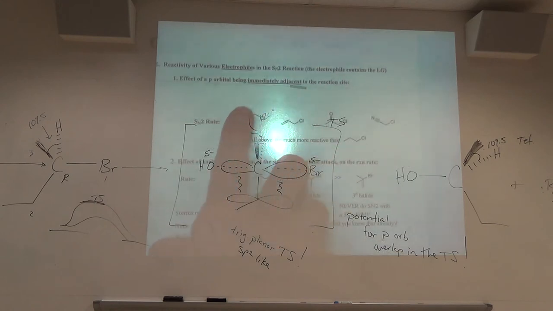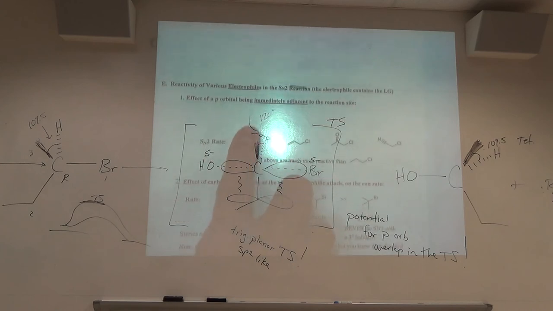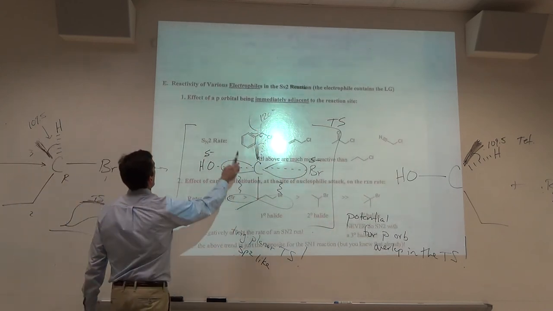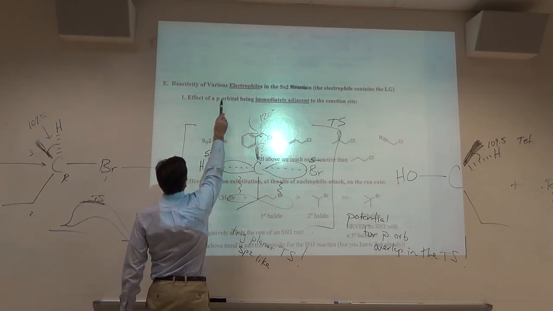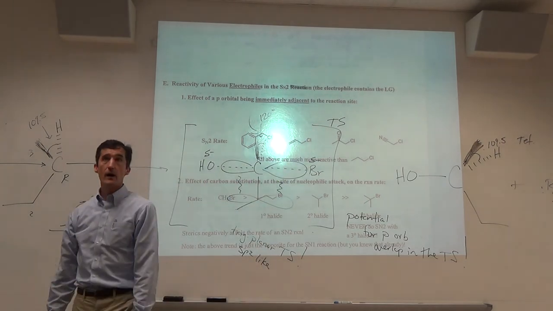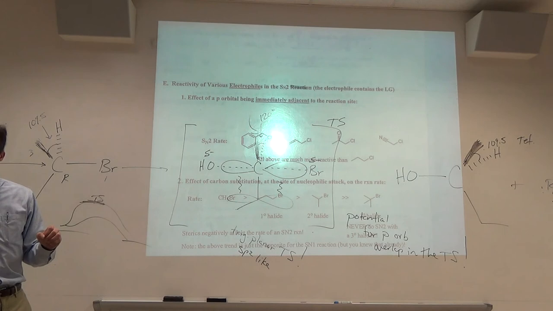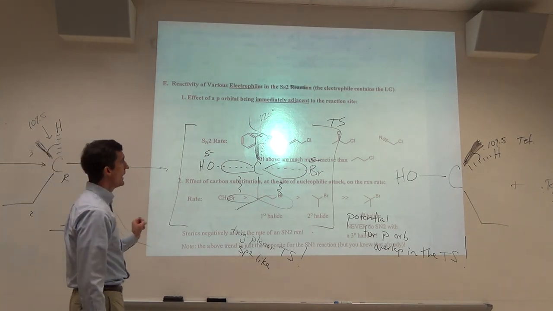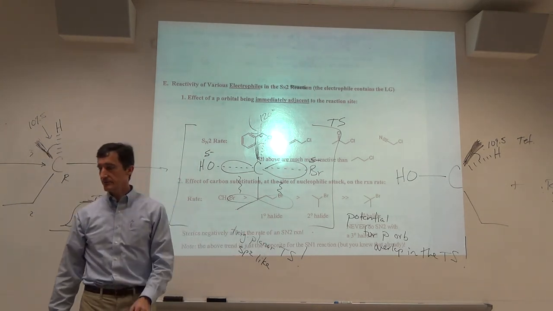And this is what's talked about next: the effect of a p orbital being immediately adjacent to the reaction site. It will stabilize the transition state and make the reaction faster.